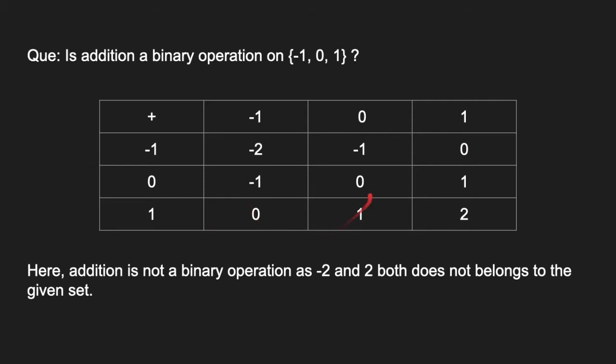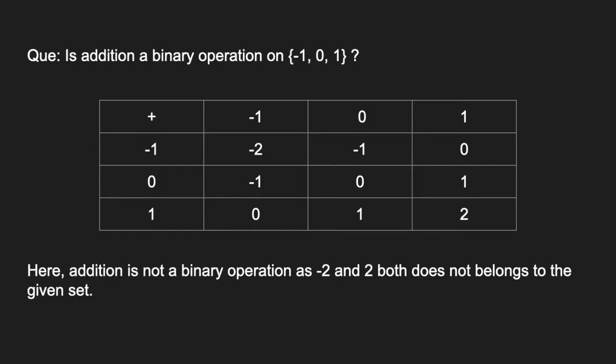And same way, we can put all the entries. Now, see that here minus 2, and here minus 2, does not belong to the given set. Same way, 2 does not belong to the given set. So addition is not a binary operation for the given set.